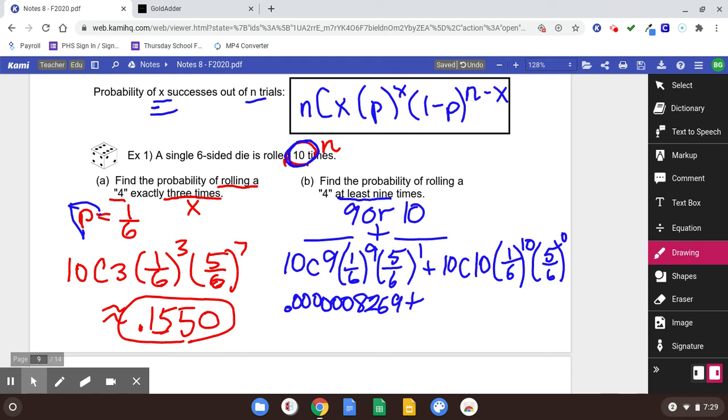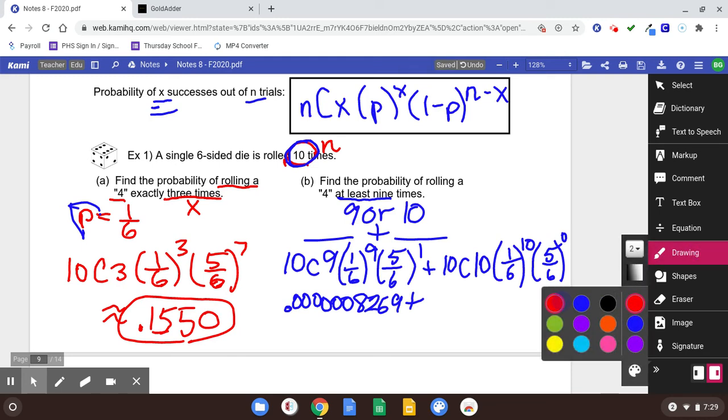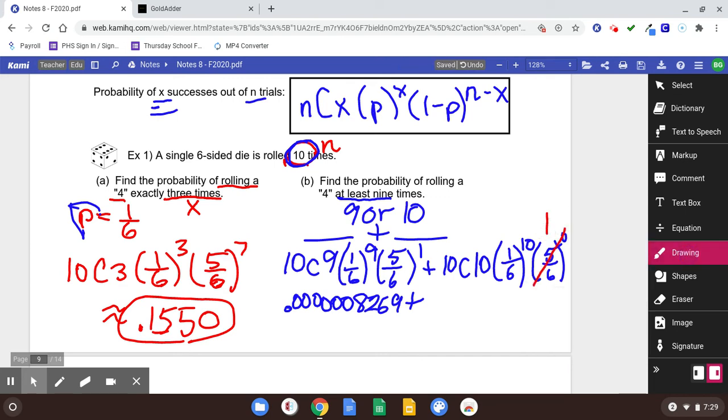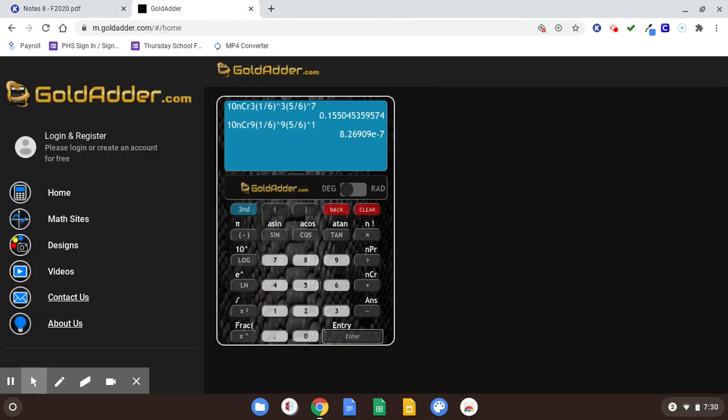Plus. And then over here, one thing you can do that might save you some time is if you remember that something to the 0 power is equal to 1. And also, if you know that 10 choose 10 is going to be 1, we wouldn't really have to type those in on our calculator. 10 choose 10 is 1, and 5/6 to the 0 is also 1.